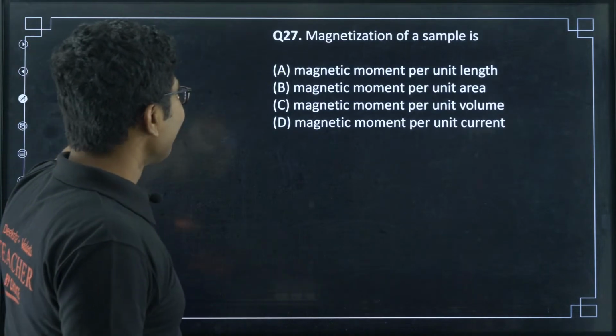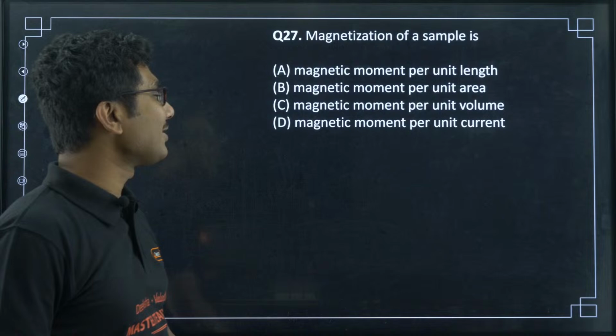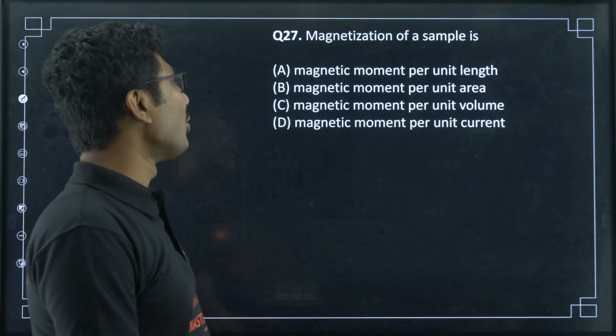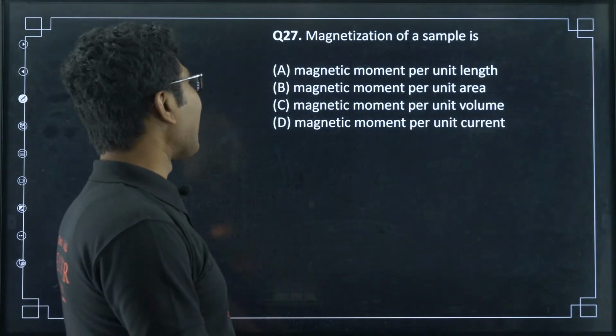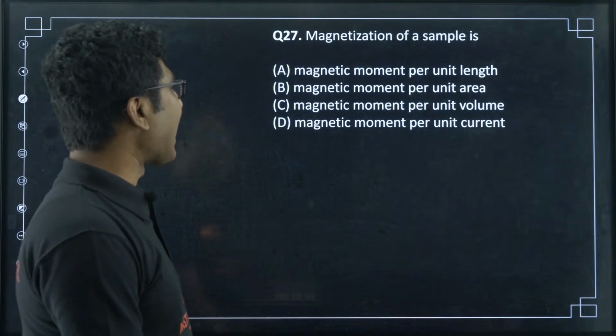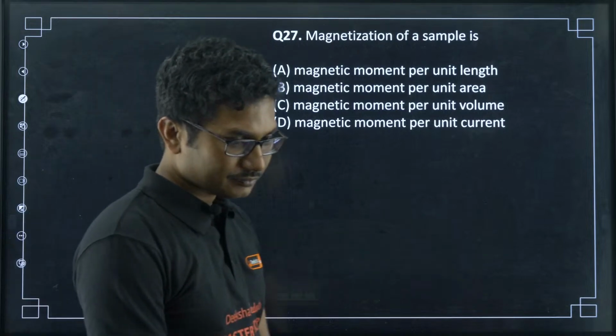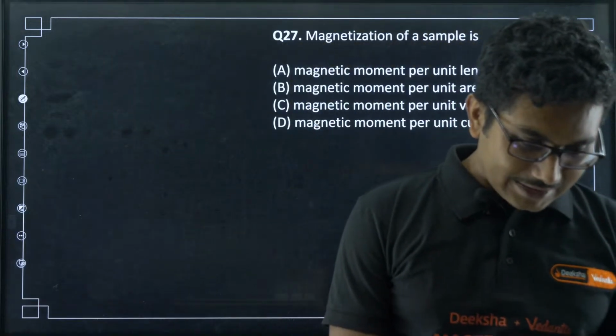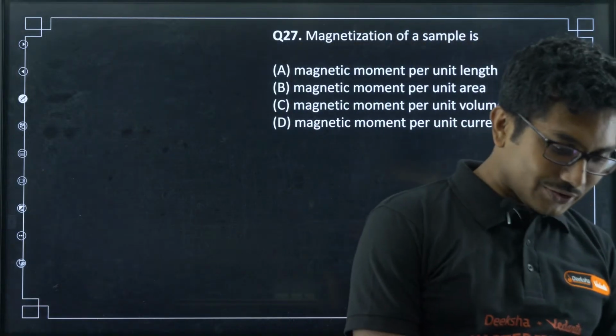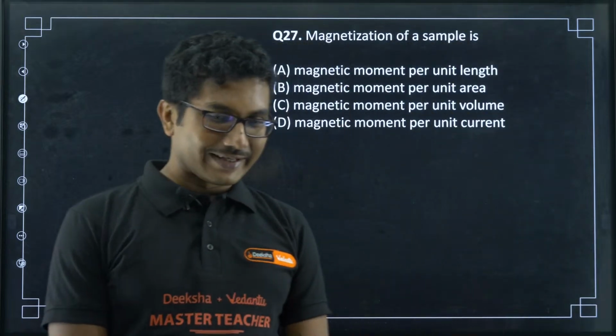Now, let us see question number 27. Magnetization of a sample is magnetic moment per unit length, per unit area, per unit volume, or per unit current. Yes, 26A is the correct answer, Lakshmi, Saudamini. Now 27.